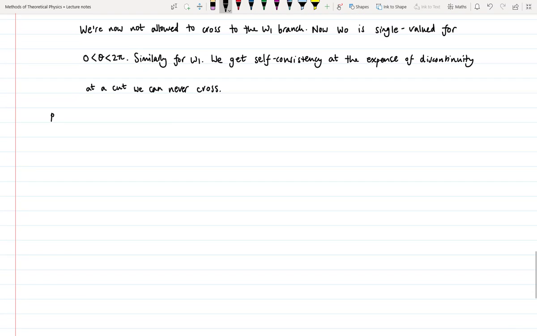I'm going to make a note about branch points. The origin, z equals 0, plays a special role here.